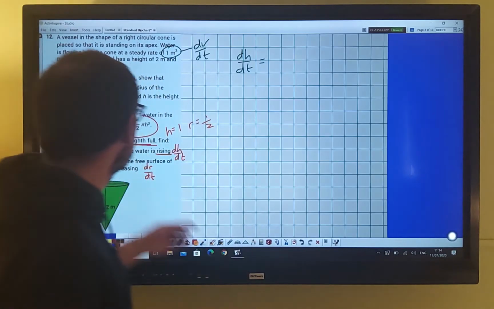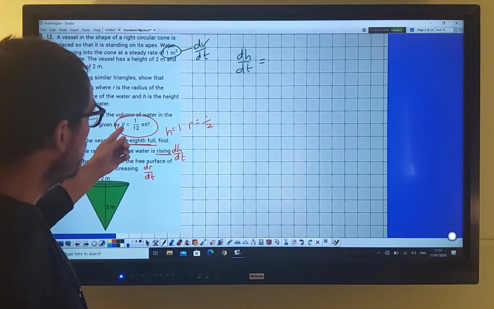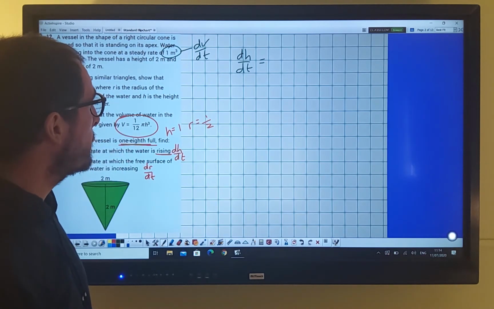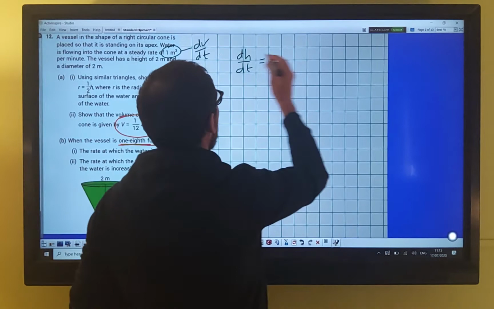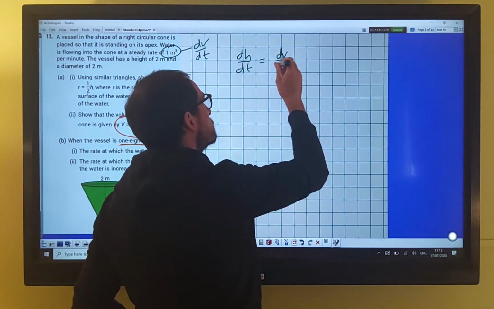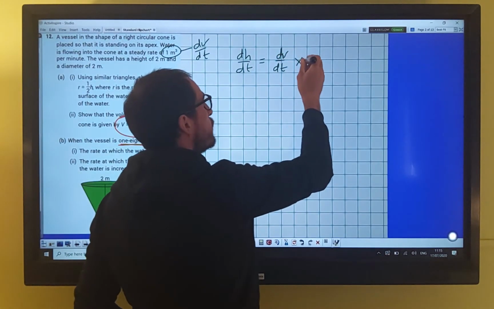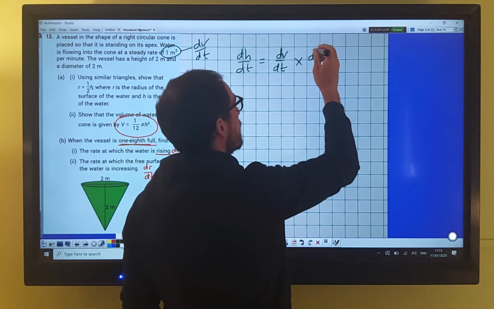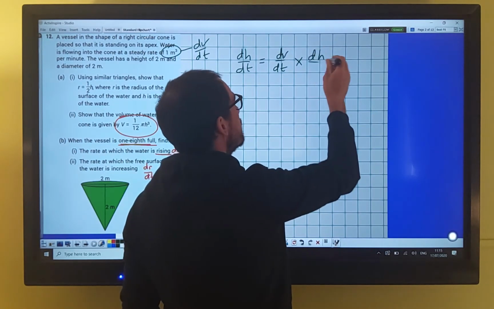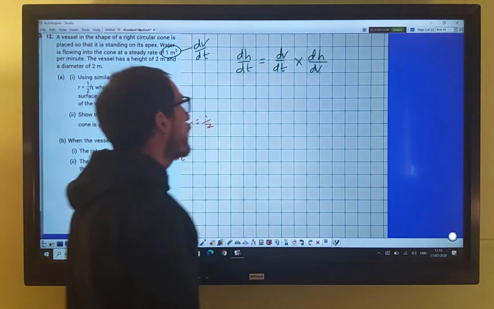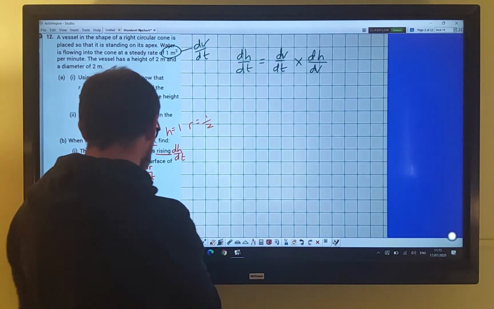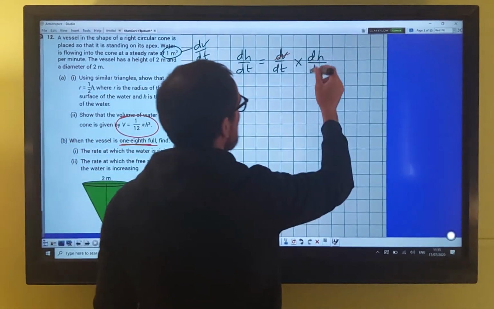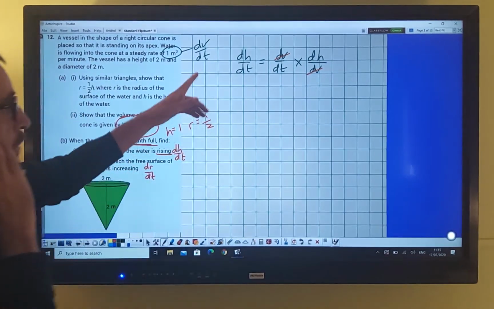What I do have is a formula that links V and h. So what I can do is, I've got the dV/dt, and if I multiply that by the dh/dV, the dVs will cancel, leaving me with the dh/dt, which is what I want to get.